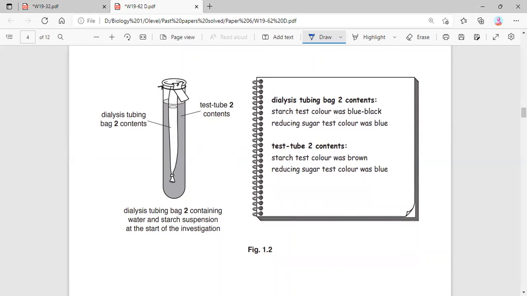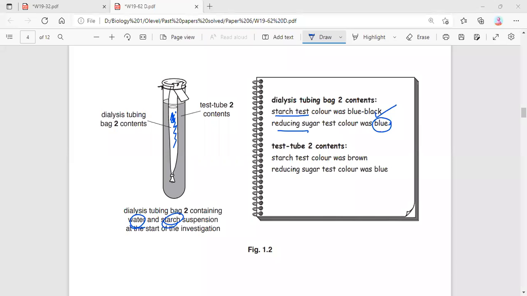Okay, what about the results for the second one? For the second one, you put water and starch inside. If I did an iodine test inside the dialysis tubing, I will find it positive. It's blue-black. If I did a reducing sugar test inside, it is blue. Why is it blue?